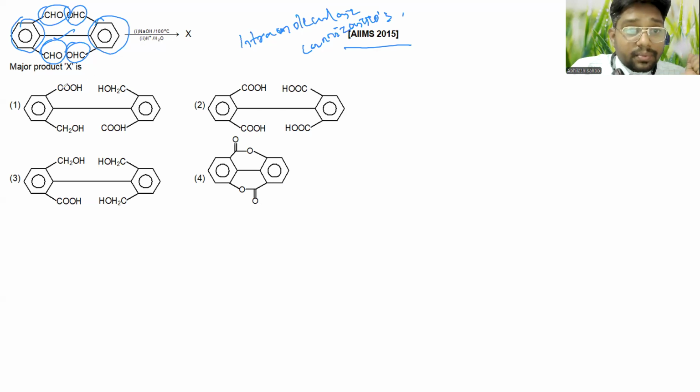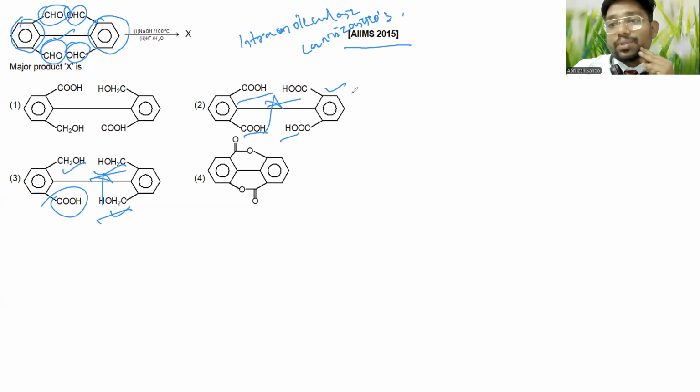Now here, if you see, here CH2OH, CH2OH, only one CHO. Not correct, because one will be oxidized, another one will be reduced. But here both have been reduced. So this will not be your answer. Then here, if you see this one, all are oxidized, so it will not be your answer.